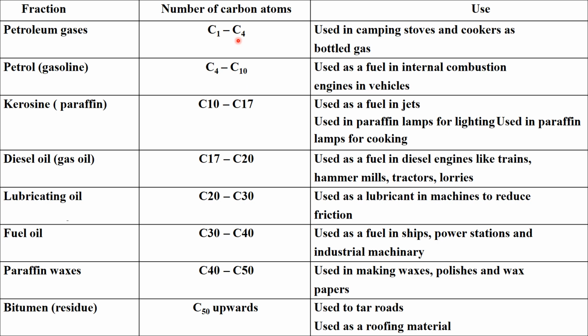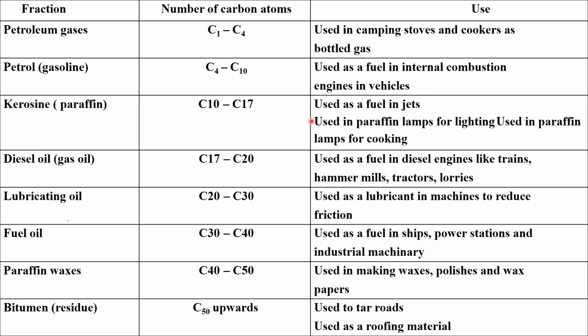We can have methane, which has one carbon atom, ethane, propane, and butane: C1 to C4, meaning hydrocarbons that have one carbon atom to hydrocarbons that have 4 carbon atoms are present in petroleum gas. It is used in camping stoves and cookers as bottled gas. Then petrol, which is also called gasoline, is used as a fuel in internal combustion engines in vehicles.